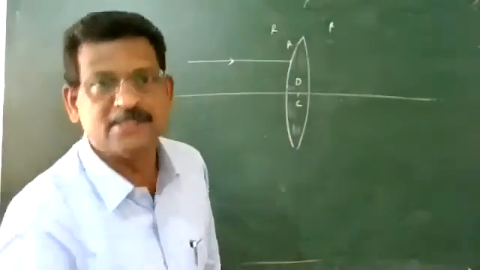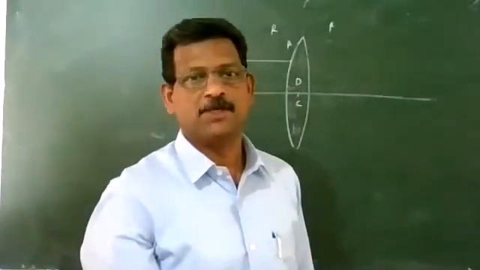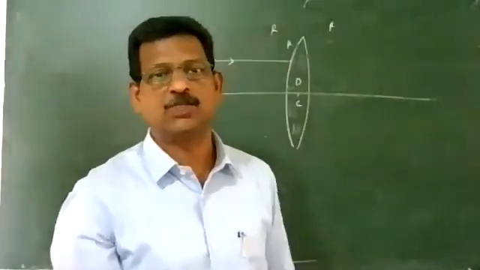So where is the normal at the point A? When light goes from rarer to denser, it bends toward the normal.